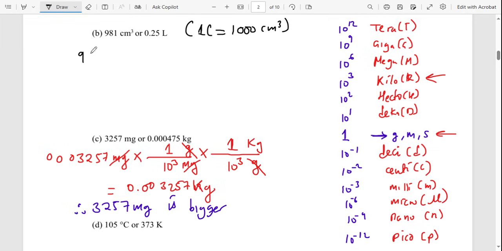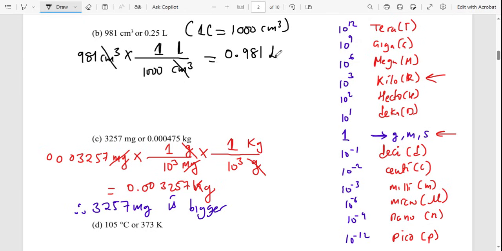So let's convert to liters. Take the 981 centimeters cubed and multiply. We have centimeters cubed on top, we'll put centimeters cubed down, and then we'll put a liter on top. From the conversion factor, 1 liter is 1000 cubic centimeters, so this cancels with that. So 981 divided by 1000 is basically 0.981. This is in liters.